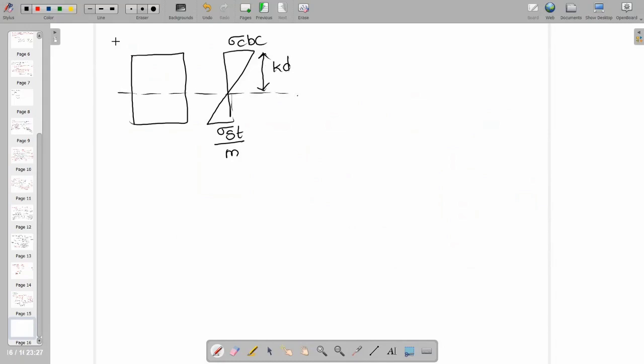See here. Now from similar triangles, you can write, sigma cbc upon kd is equal to sigma st by m into d minus kd.